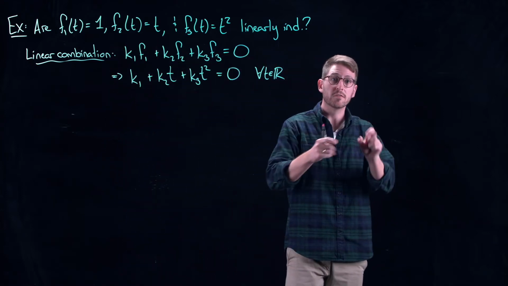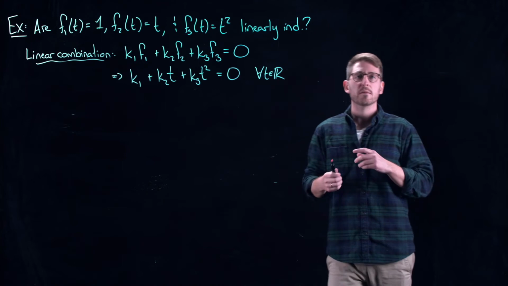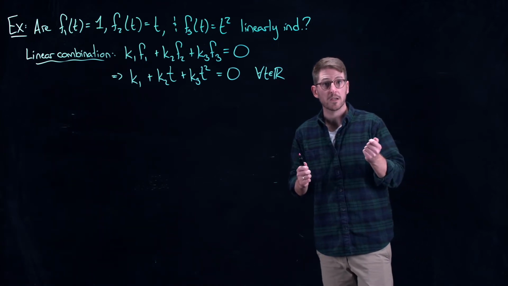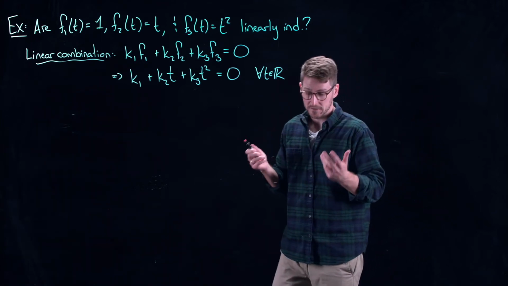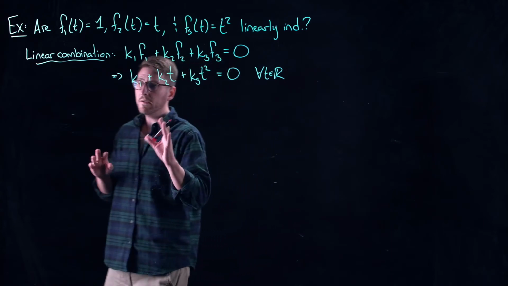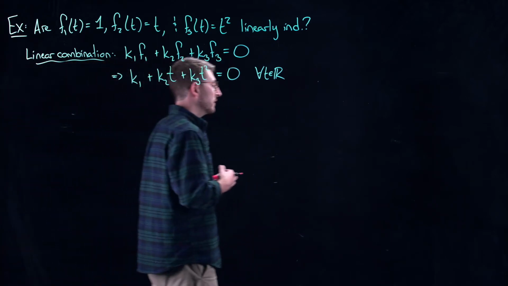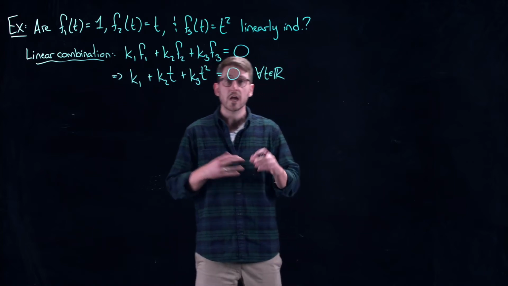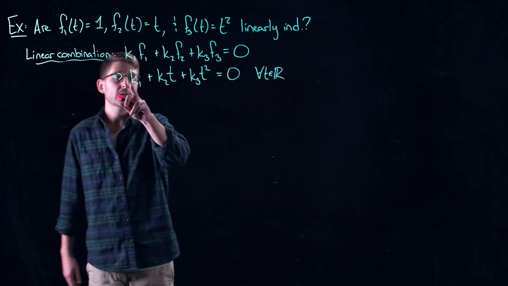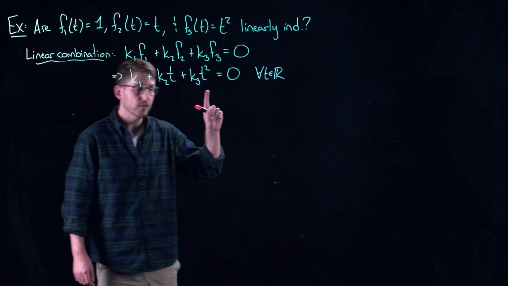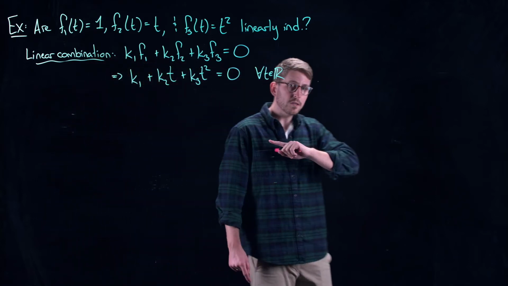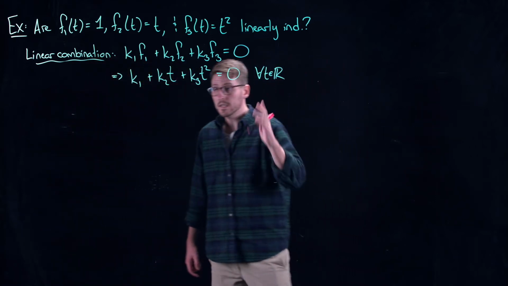They all move in different directions if you think of them abstractly as belonging to a vector space of functions instead of vectors this time. We don't have to get too into the weeds, but one way to show linear independence is to check at different values of t, because k1, k2, and k3 cannot depend on t. They have to be the same no matter what the value of t is.